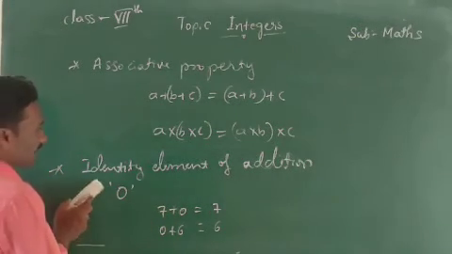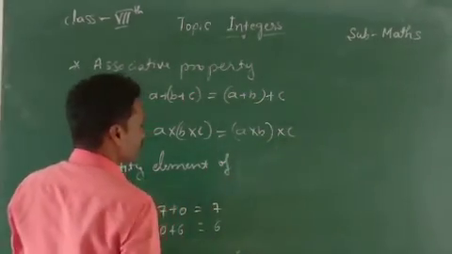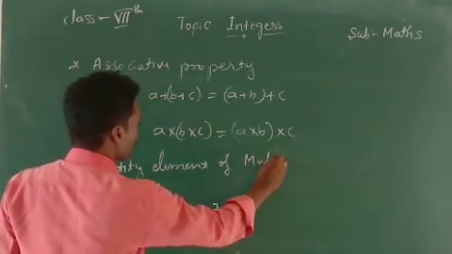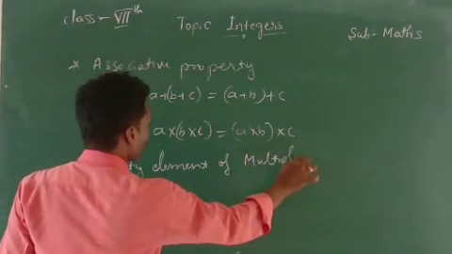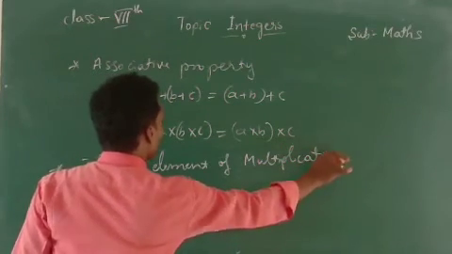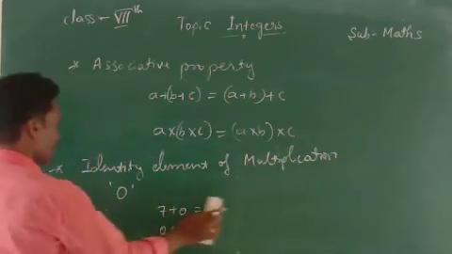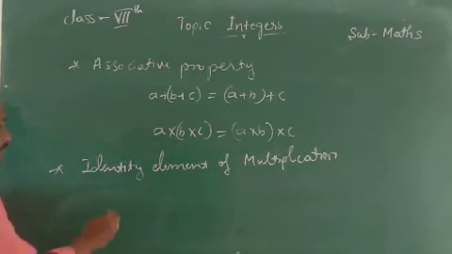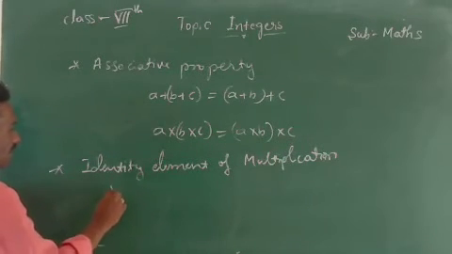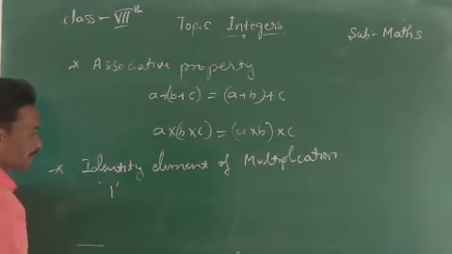Next, identity element of multiplication. The identity element of multiplication is 1.